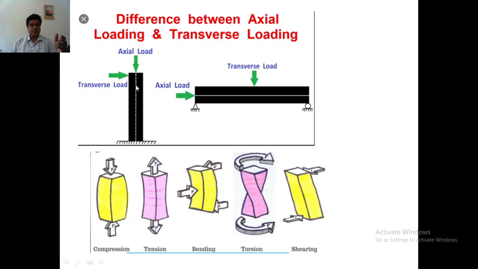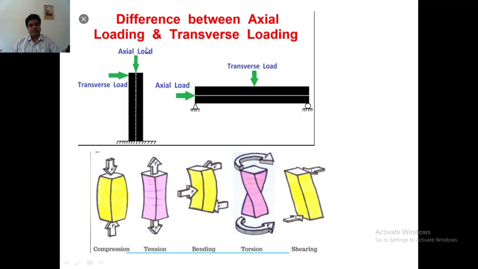So if you assume this as a column, in the front view you can see only the length of this, but the cross section is not seen. So you can assume that the cross section can be square or circle, whatever it is.